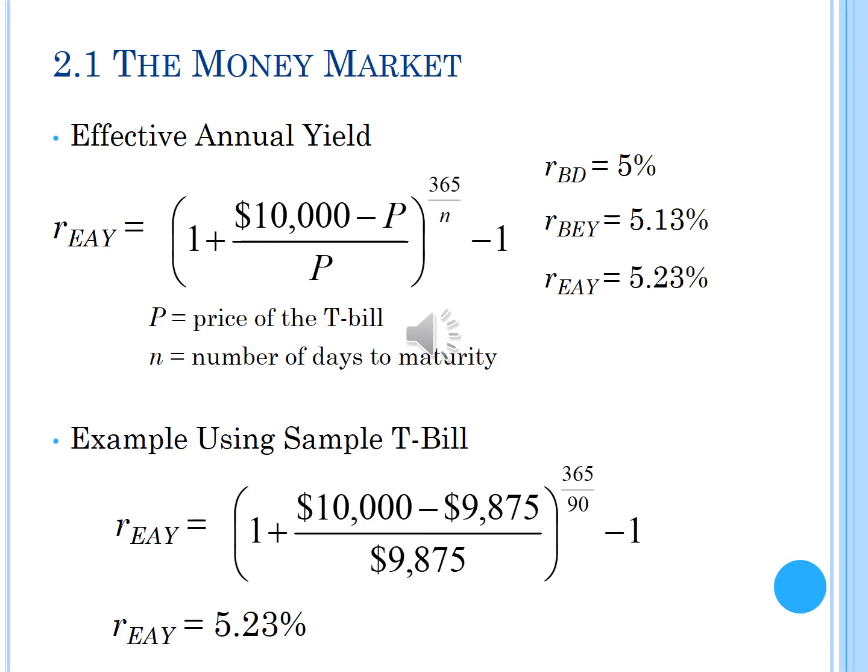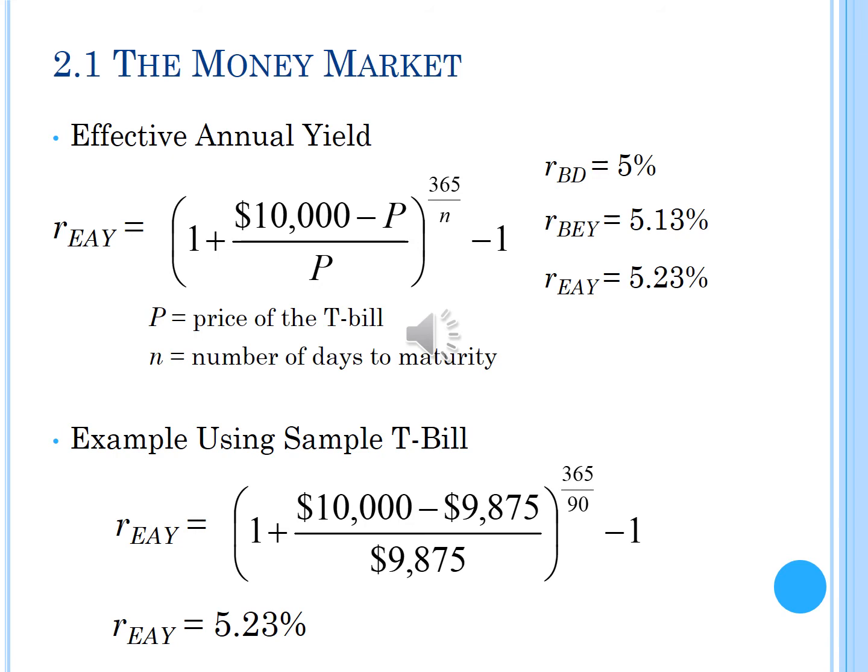Now we can take our calculations further using the outcomes of the bond discount rate of 5% we found, and the bond equivalent yield we also calculated in the previous slide. We could use those as inputs to find out the effective annual yield. So you use the formula you see in front of you.